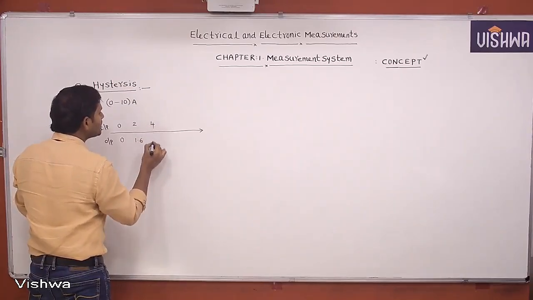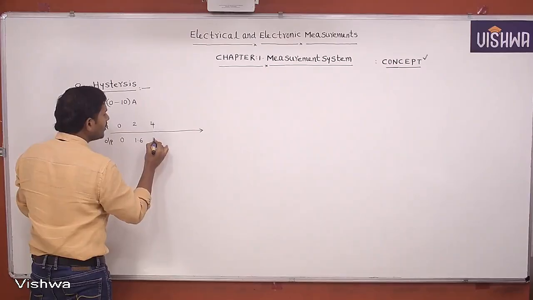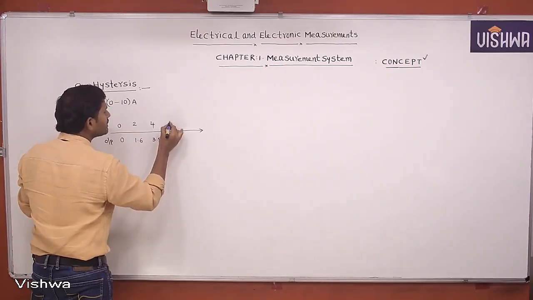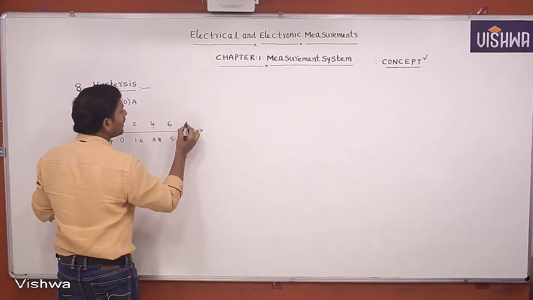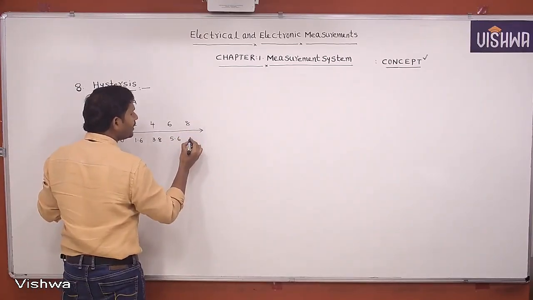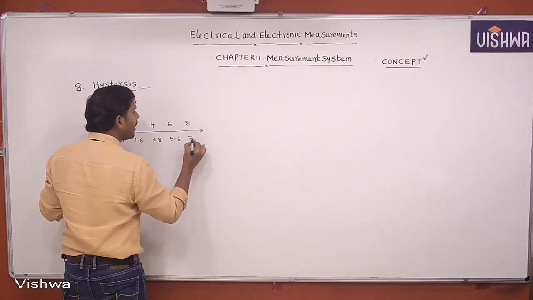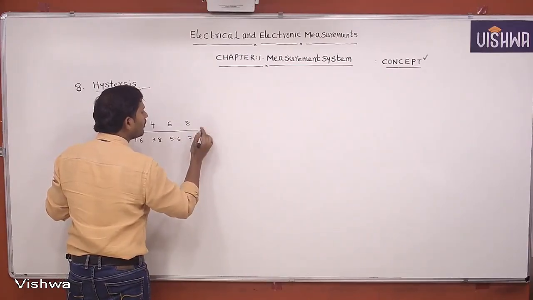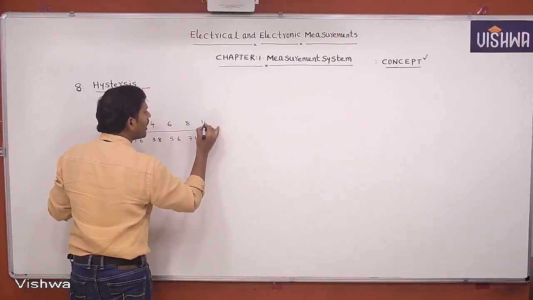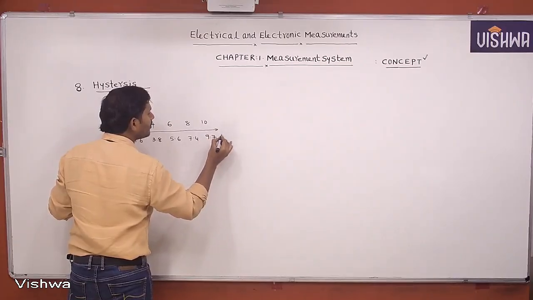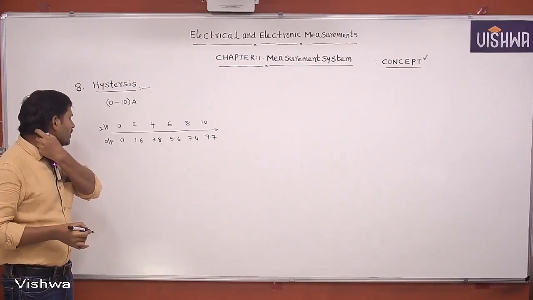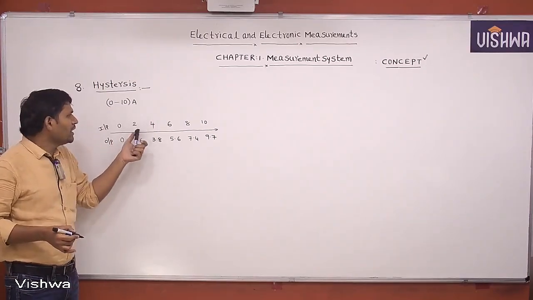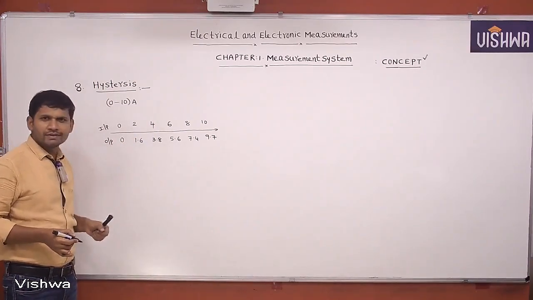For 4 amperes, 3.8. For 6 amperes, 5.6 amperes. For 8 amperes, 7.4 amperes. For 10 amperes, 9.7 amperes. Let us assume this example: for different values of input in increasing order, I am getting outputs like this.